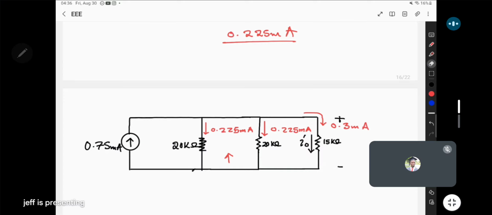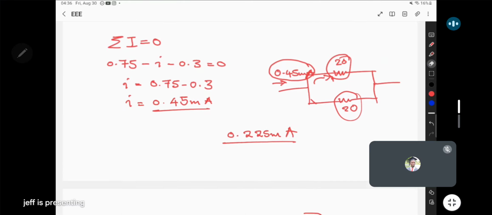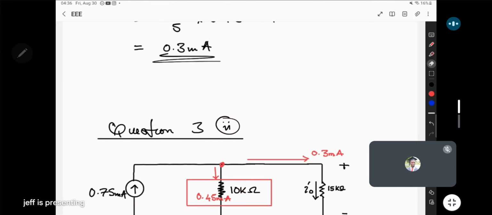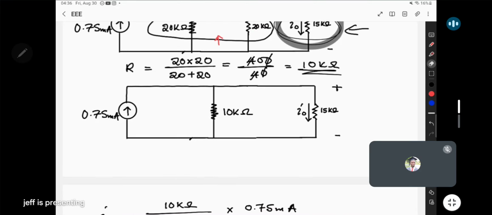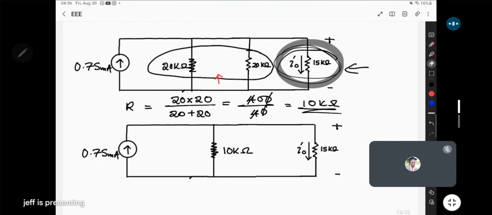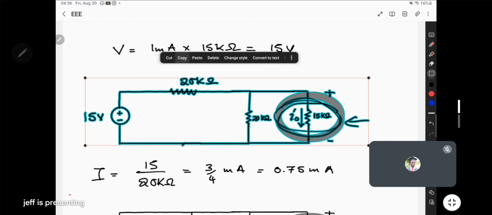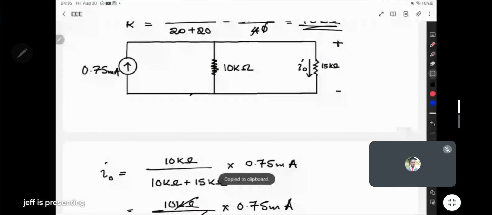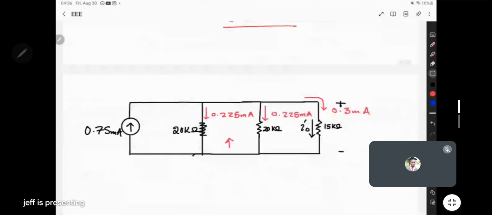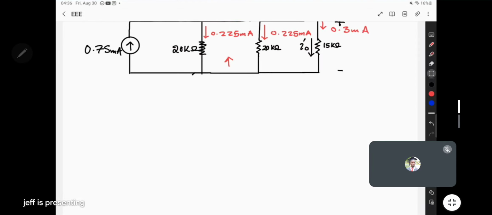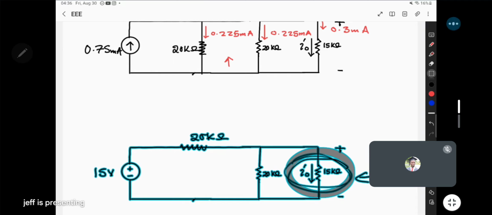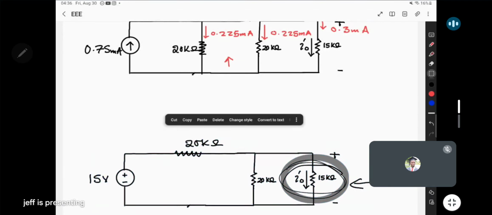Now, let's move backwards. Remember, I keep going backwards step by step. So let's take the next step. Let's reverse what we did. From here, the circuit was like this one. So let's reverse it to this form. So what changes in this form?